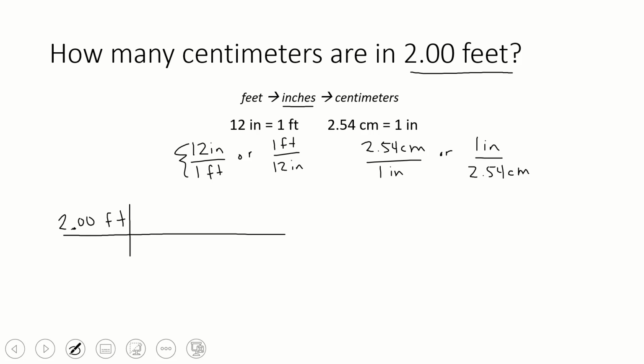The one I choose is going to help me get into the correct units. So I want to get rid of units of feet and have inches left over. So I'm going to use this conversion factor here, 12 inches over 1 foot. When I do that, my unit of feet cancel out and I'm in units of inches.